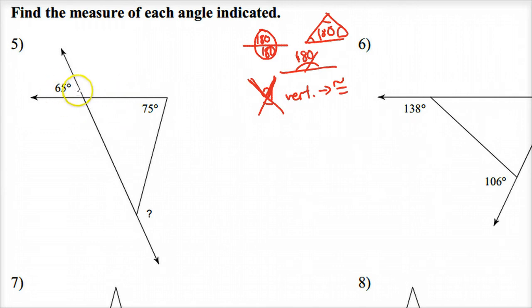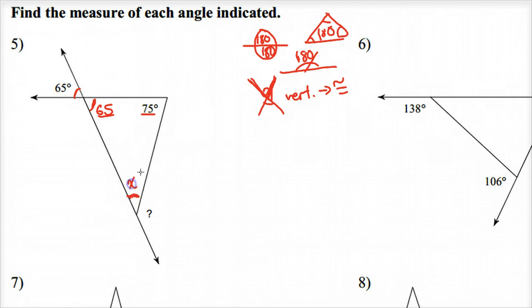All right, so let's do that then. If this is 65 right there, I could find this one, but I could just jump straight across because 65 and this one, they don't add up, they equal each other. So that's 65, 65. Now I have 65, 75, and this angle down there. There are some advanced things I could do, but I'm just going to do the basic. I'm going to go straight forward and try to find this one here.